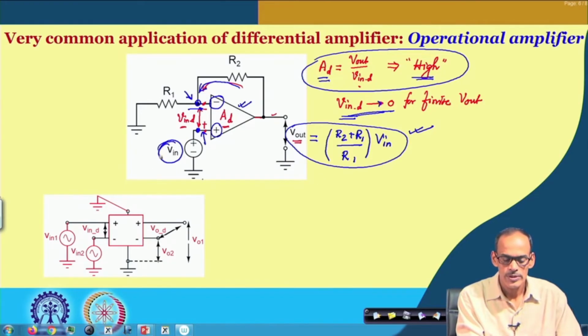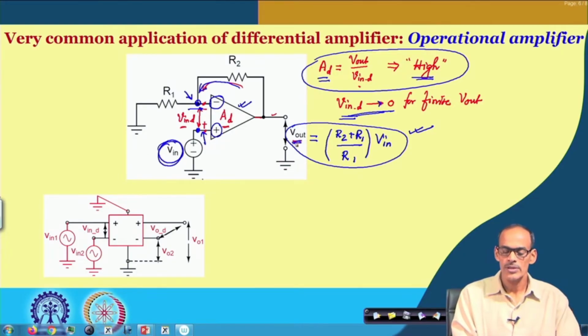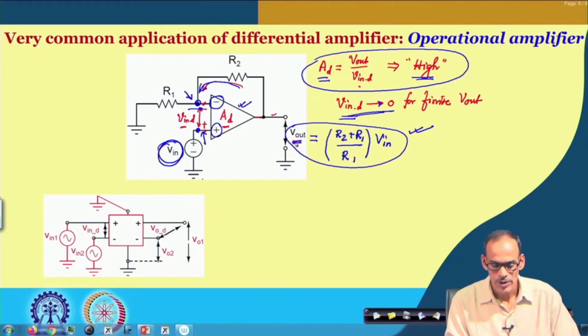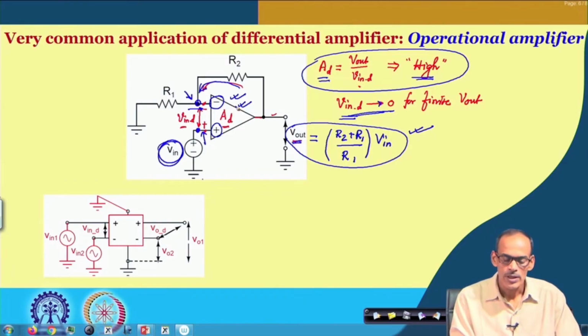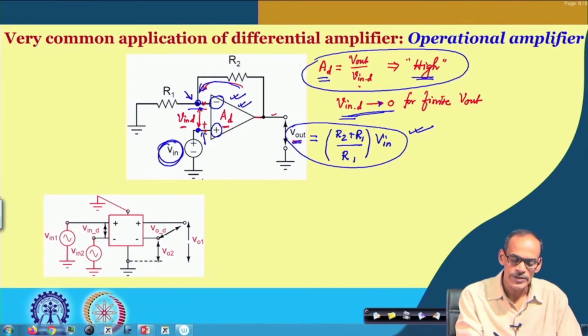Based on this equation we can consider this circuit an amplifier. Whatever voltage you apply here, an amplified version of it comes to the output. But you might have observed that this op amp is receiving a signal here.